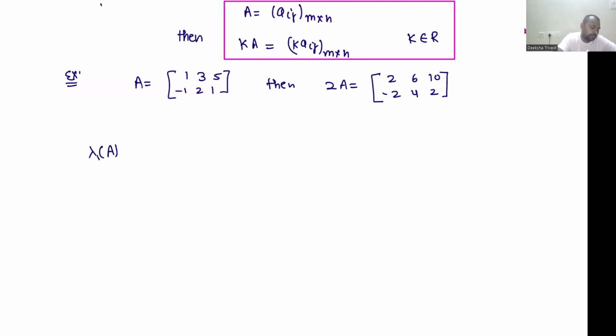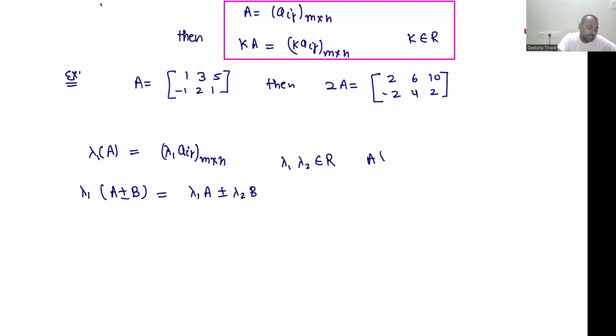Now here we can easily say, lambda 1 A, we can easily write as lambda 1 into Aij of the same order m cross n. Now if the lambdas multiply with two matrices A and B, we can say lambda 1 A plus or minus lambda 2 B, where lambda 1 and lambda 2 are real numbers and A and B are matrices of the same order.